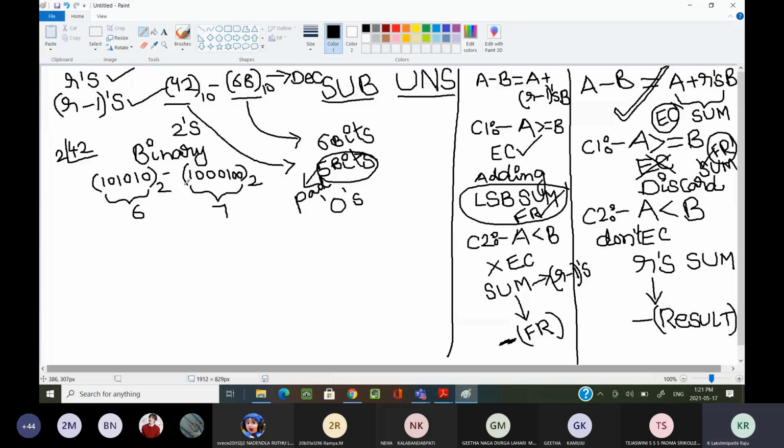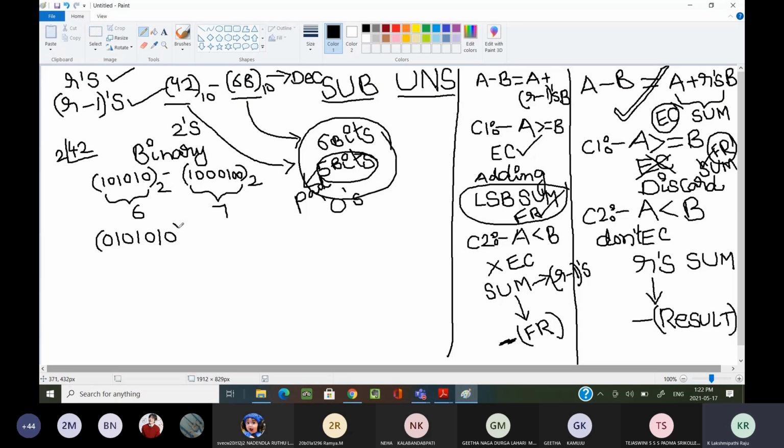Now, what I told previously in this example, this number contains fewer bits. Then what do I have to do? I have to add a 0 at the leftmost position. That means here I need to add one extra 0. Now both the numbers should contain the same number of bits.